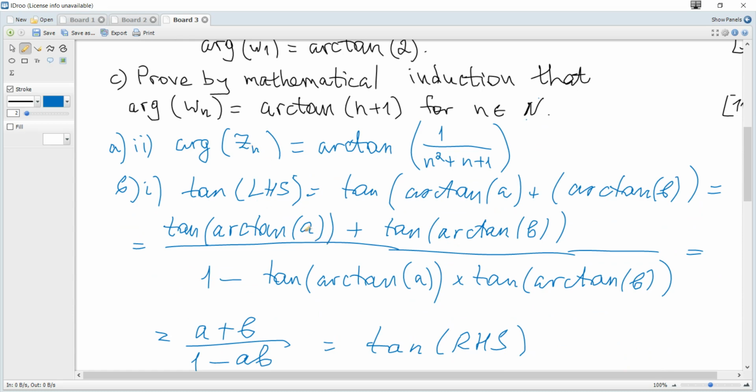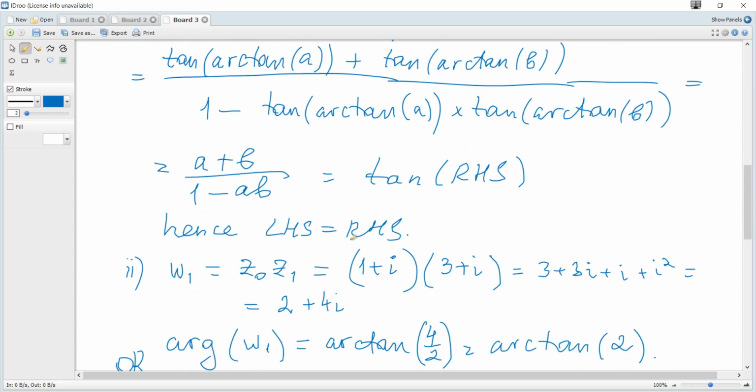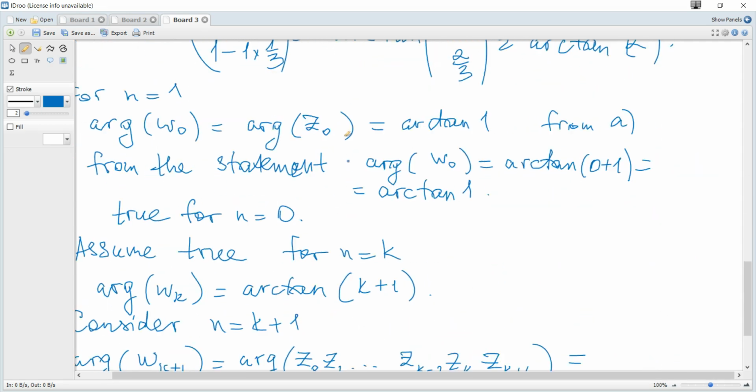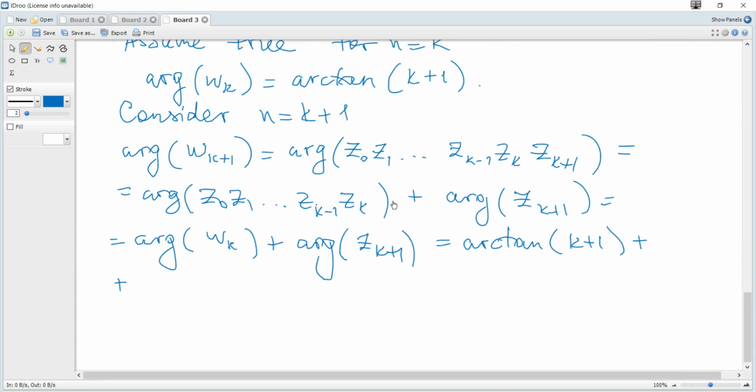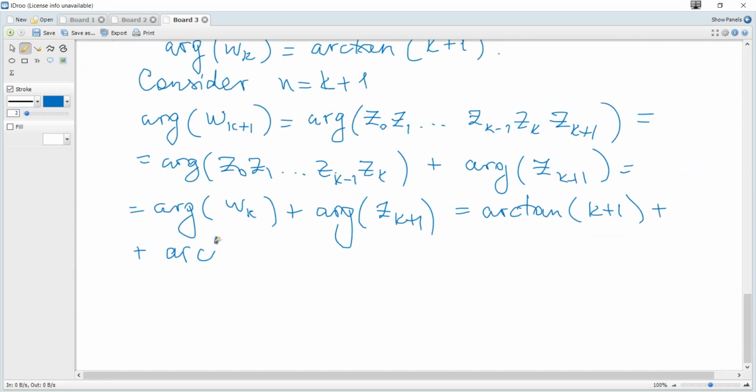So substituting k plus 1 for n, we get that it becomes arctangent of 1 divided by k plus 1 squared plus k plus 1 plus 1.